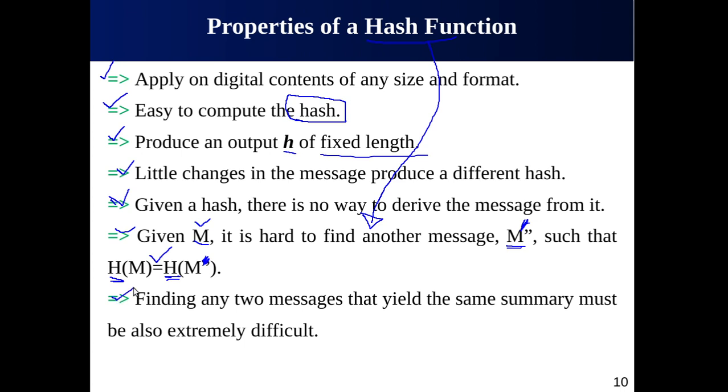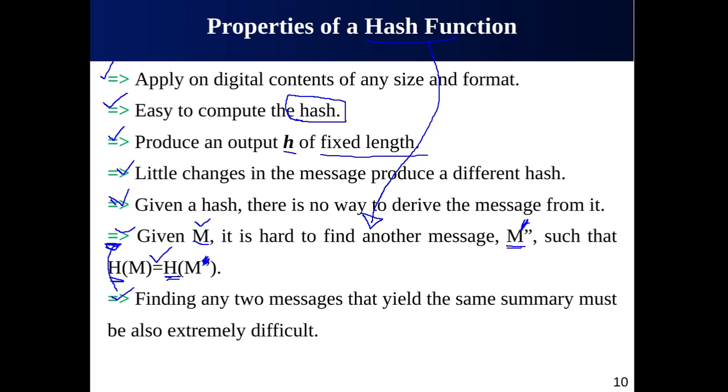Last property. It is difficult to find any two messages that will hash to the same value. Now this is related to the previous property. For some people it seems like they are the same thing, but they are not the same thing. We will see in a moment.